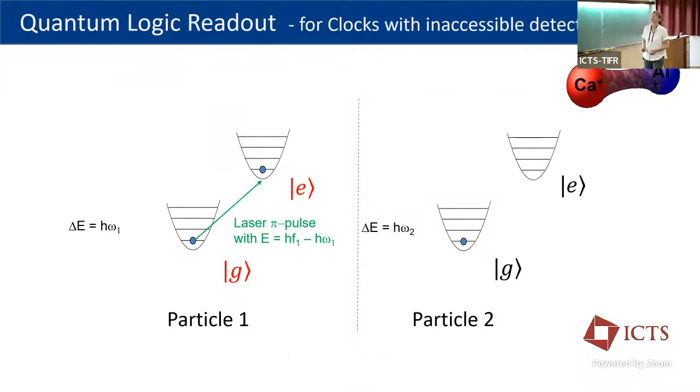So what we have to do is apply sideband pulses. We shine in a pi pulse, a laser pulse with a pi time, to make a complete spin flip. A pi pulse means I have 100% excitation probability. But the laser pulse must have an energy which is resonant with the transition frequency, h f1 minus h omega 1.